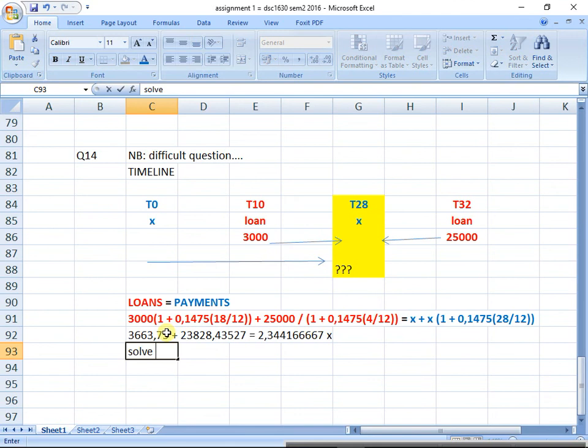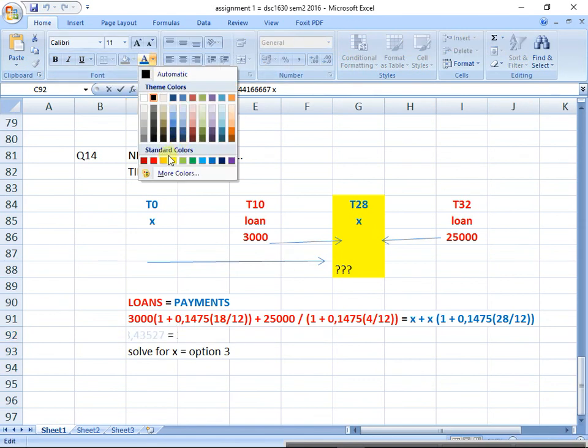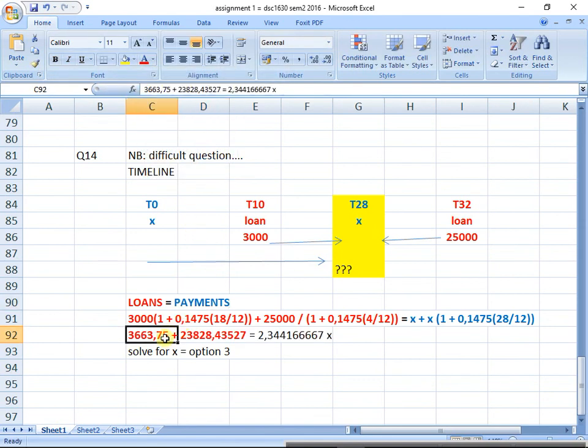Then you solve for x, and x comes out as option 3. So this was the loan part of things, and this was the payment part of things. The one equals the other. I'm taking those there, taking that there, and taking this there. Your payments and your loans must equal, because that's option 3.